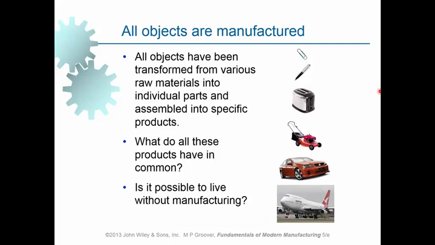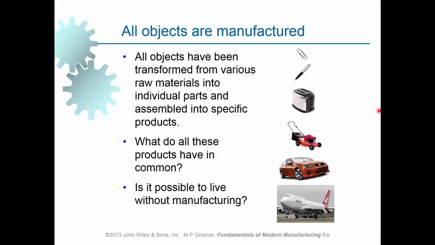Well, as we move from the top of the slide going to the bottom, the number of parts that are used in order to make the product will increase. For example, in the case of the toaster, how many parts are there in the toaster?